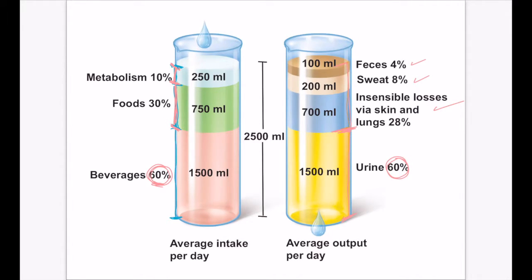Compared to the output, urine is representing 60% of the water output, and the remaining 40% of the water output are going to be distributed between feces, sweat, insensible water loss through the skin and lungs.